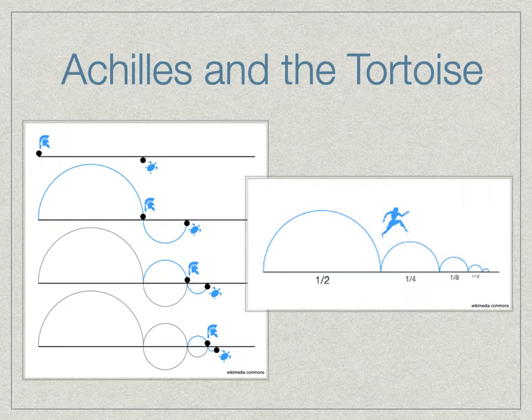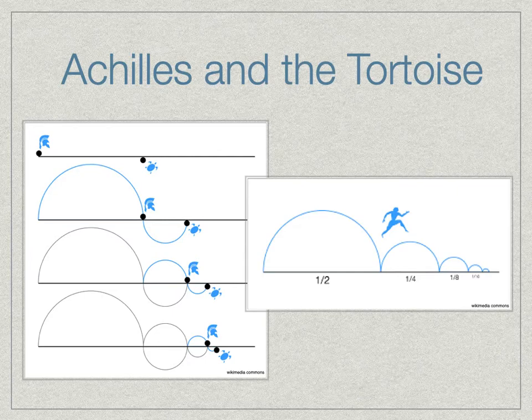There's a similar one called the dichotomy paradox, in which you think about covering a distance. So think about standing in the middle of your room, and you want to walk over and touch the wall. Well, in order to get to the wall, assuming your room is clean enough, you have to cover half the distance between the center of your room and the wall.